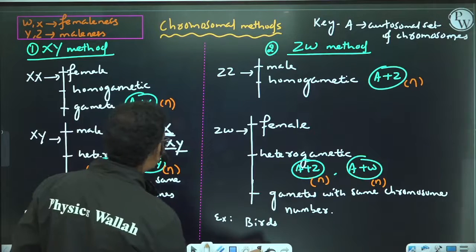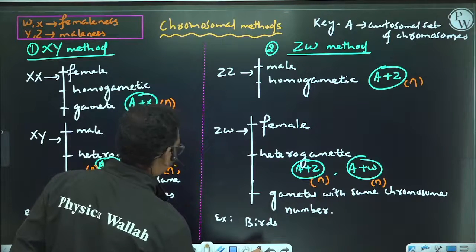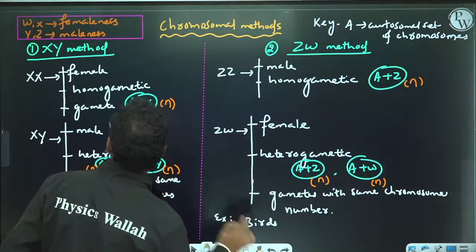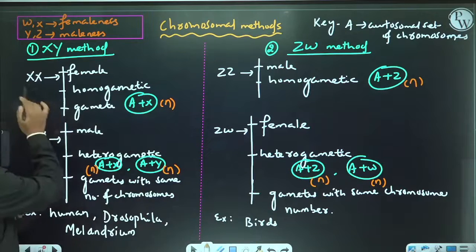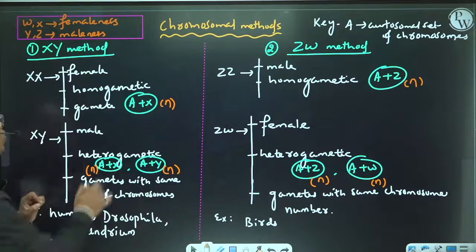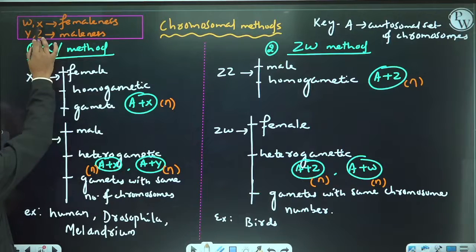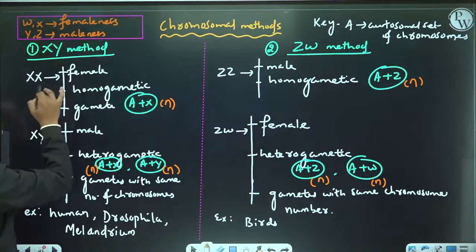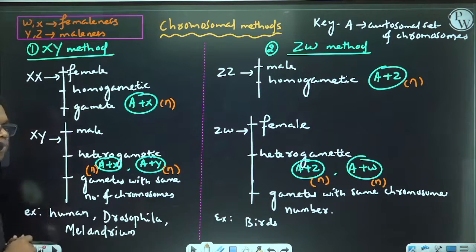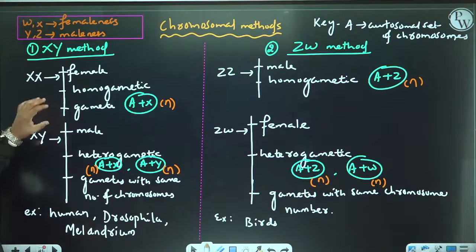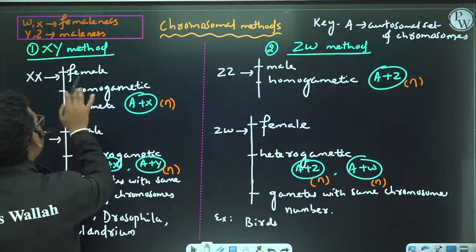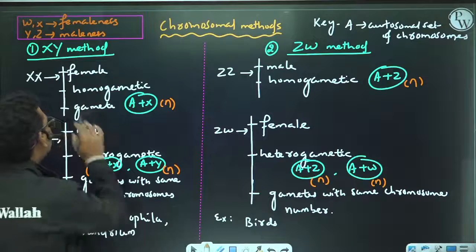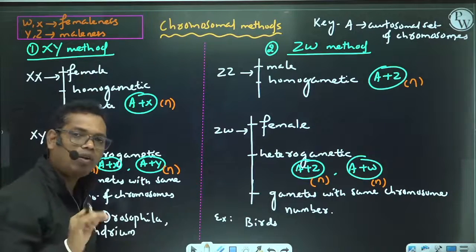If an individual has 2 autosomal sets and 2 X chromosomes, that individual will be female, because we know the X chromosome is responsible for femaleness and here only X is present. If this individual is female and has XX chromosomes, the gamete will be of one type.